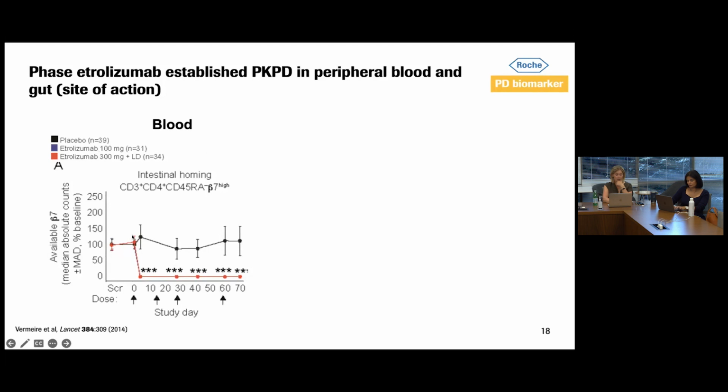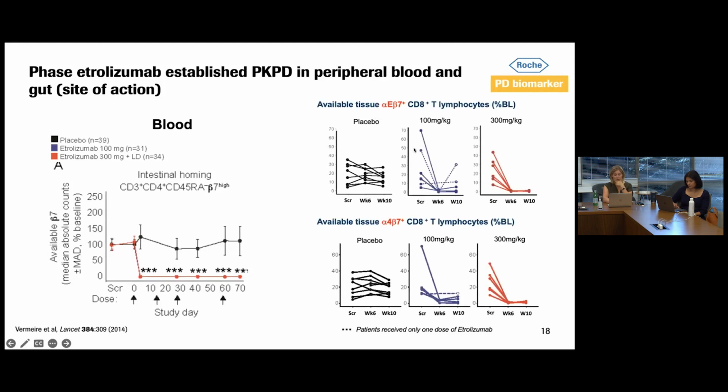Again in the blood, we have full receptor occupancy throughout the dosing period. And then we were able to take biopsy from the gut and look at receptor occupancy in the tissue. In some subset of patients, compared to placebo in the black here, with both doses, we did see compared to screening, so pre-dose, at week 6 and week 10, that there was receptor occupancy at both these doses.